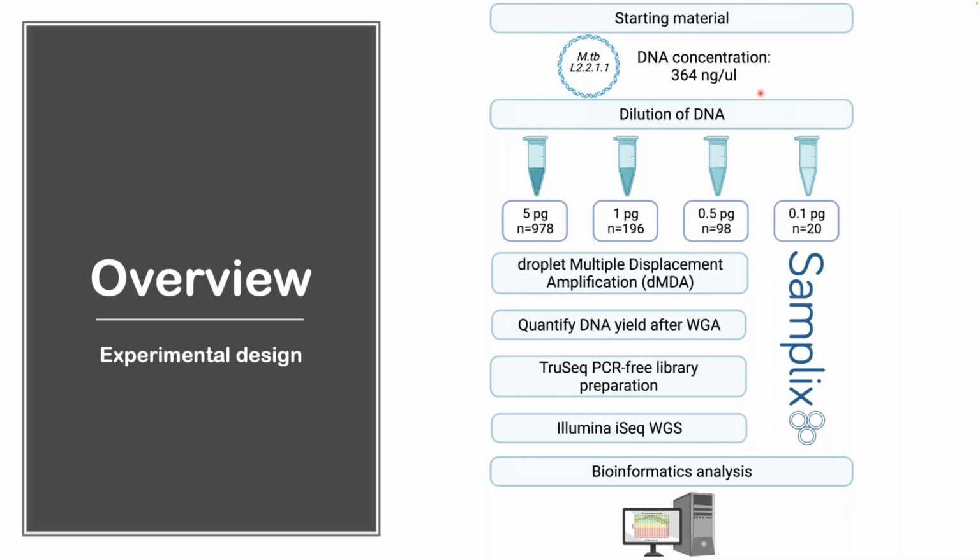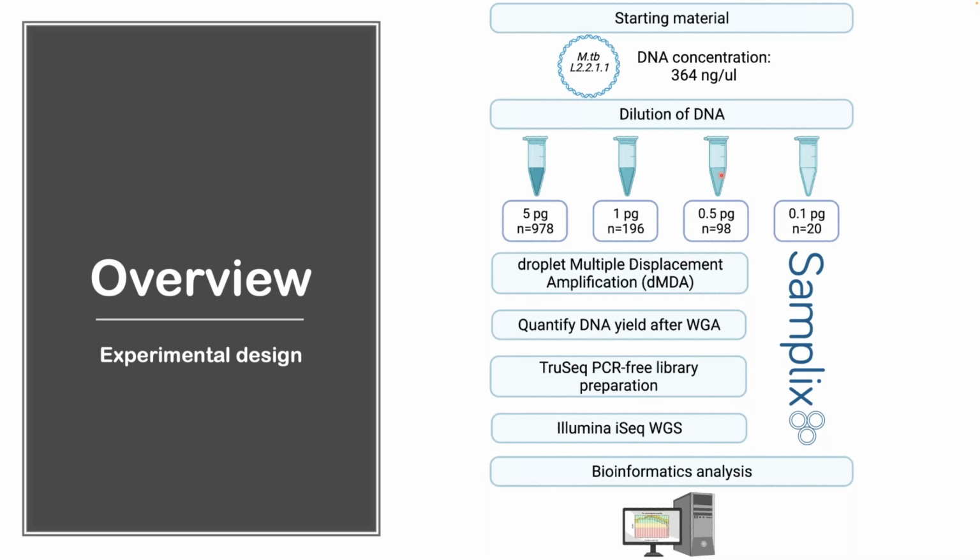We started with concentrated, purified MTB DNA obtained from a cultured MTB lineage 2 pan-susceptible isolate, ensuring that a standardized starting point for our analyses could be reached. This isolate also had existing whole genome sequence available from the same DNA extract, and this served as a control in the bioinformatic analyses that I'll present.